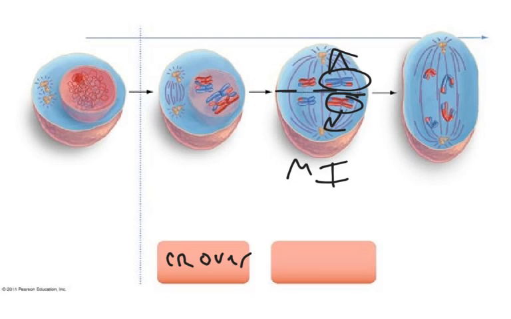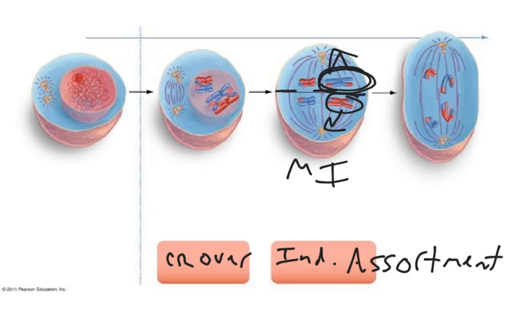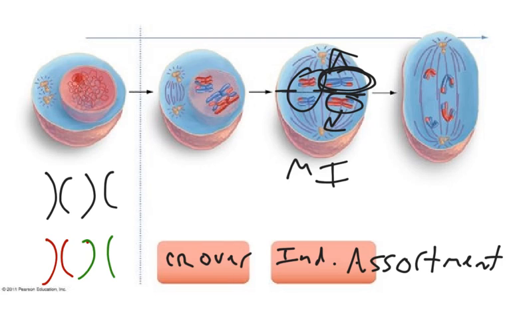So the sister chromatids each go to a separate side. And this is where we get another type of genetic variation called independent assortment. And what that means is these homologous chromosomes are able to line up however they want. So if we had this one here and this one here, let's start over here.